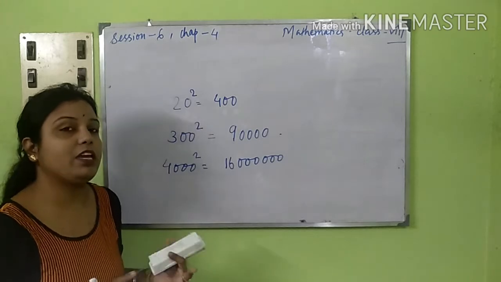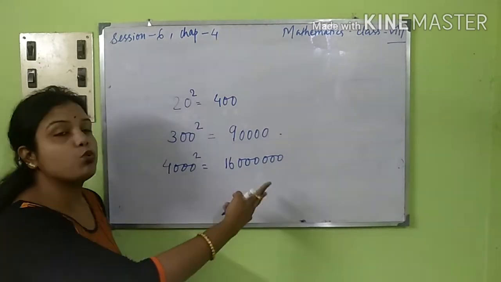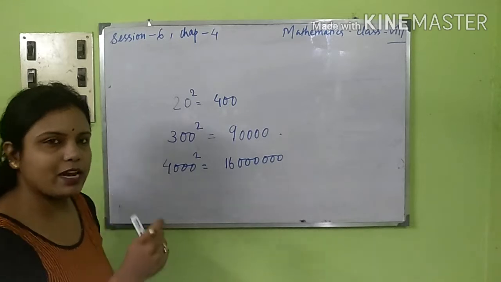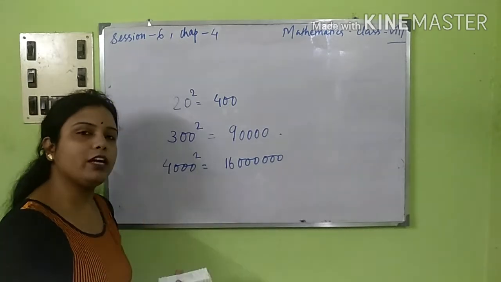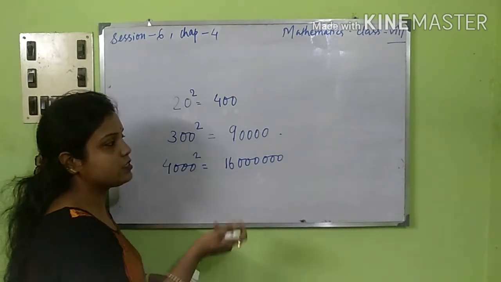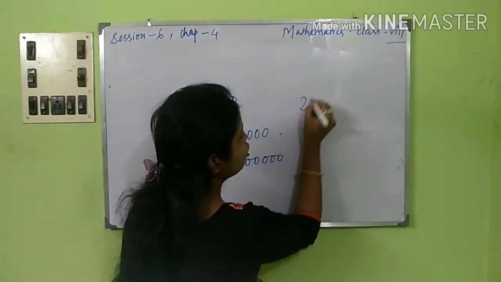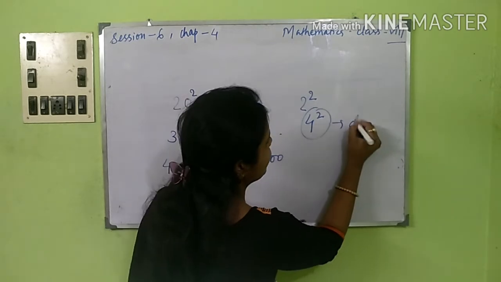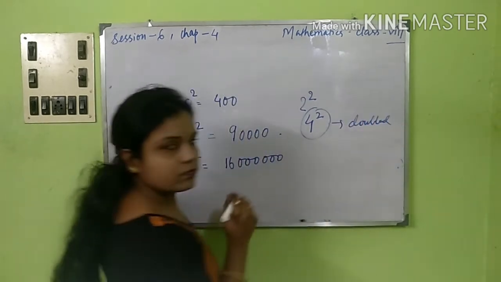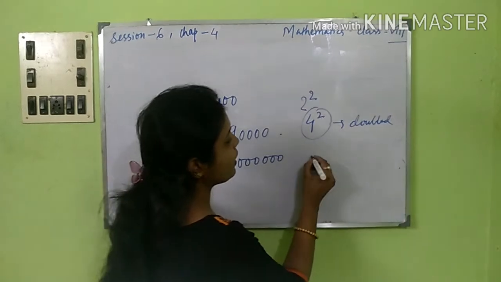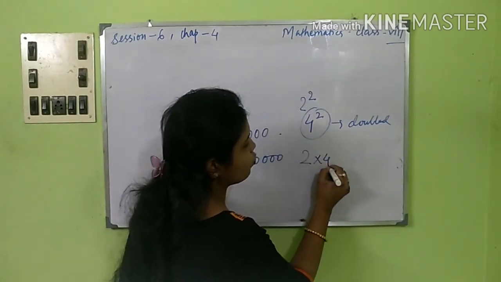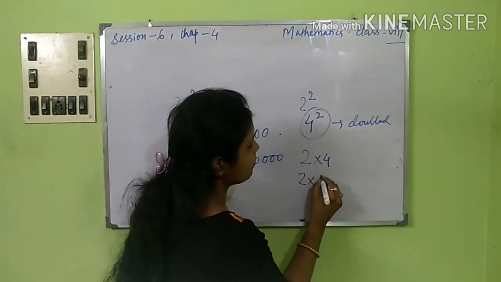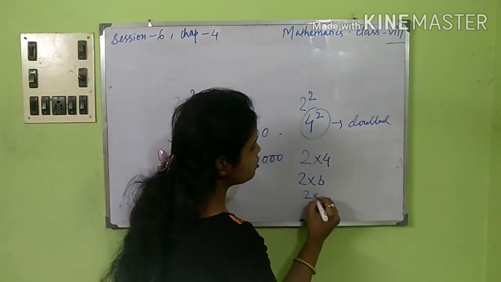There is a difference between doubled and twice. It gets twice. Just to clarify where to use double and where to use twice. Suppose you are using 2 square or 4 square, this can be termed as doubled. But whenever we say twice, that means 2 into 4 or 2 into b or 2 into 3.